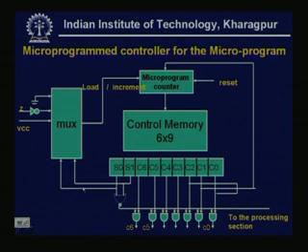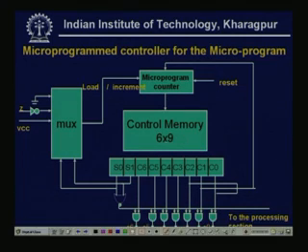If we write the modified design, again this will be a multiplexer, and the microprogram counter control memory now becomes 6 into 9 instead of 6 into 12.